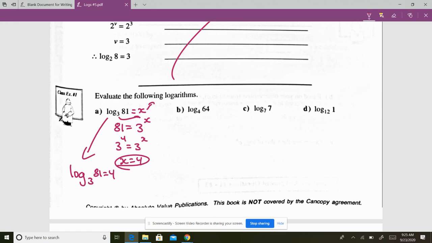All right, B. Each one of these is the same. So just put a variable in front, change to exponential form, and let's see what happens. And once you start to get good, you'll be able to do them in your head. Okay? So we're going to change to exponential form. 64 is equal to 4 to the power of x.